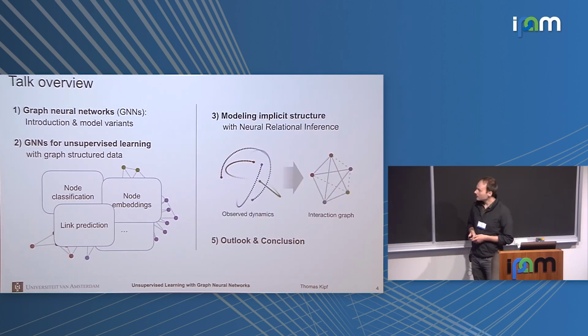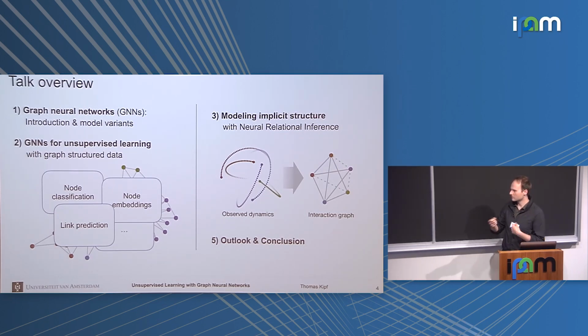And lastly, in relation to the motivation in the beginning, I'm going to talk about what happens if you don't have explicitly graph structured data, but you still want to use the useful inductive bias you get from these models to learn something about relations in some data. For example, you observe some dynamics of some mystery physical system, and you would like to figure out how things are relating to each other or interacting. And I'm going to conclude in the end.